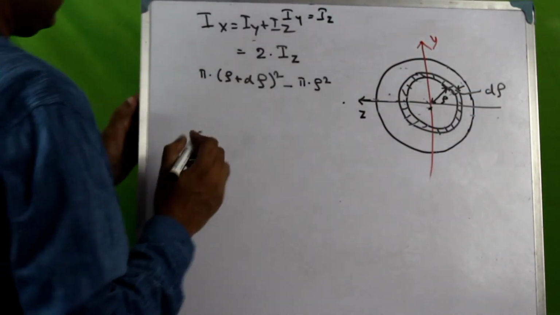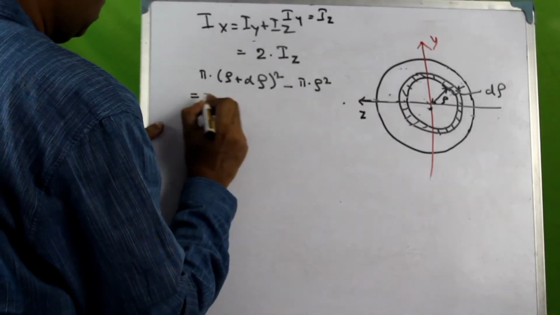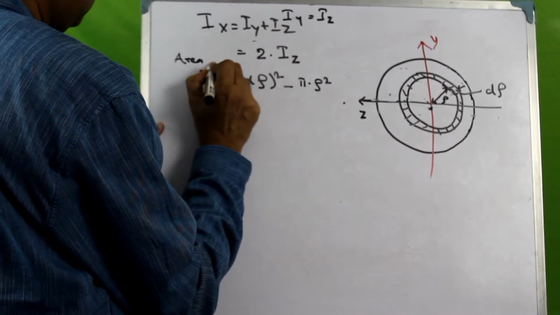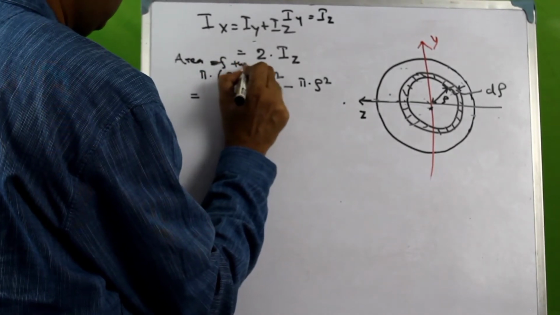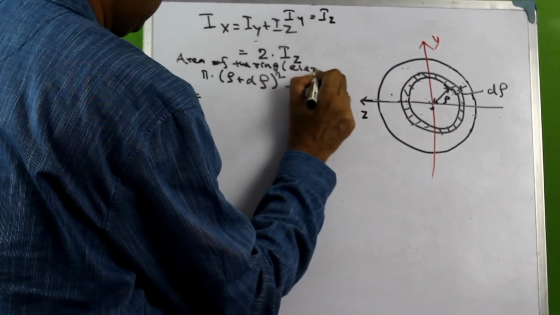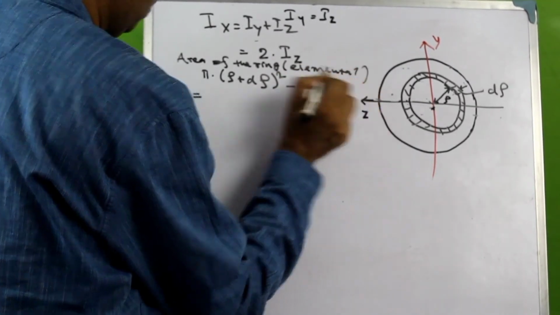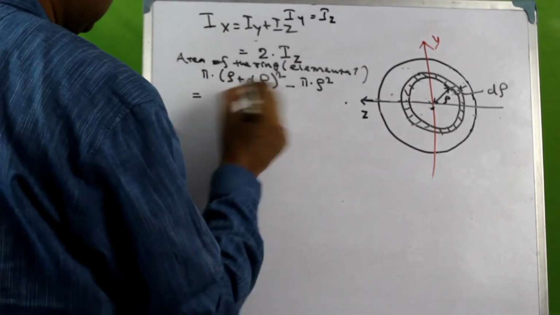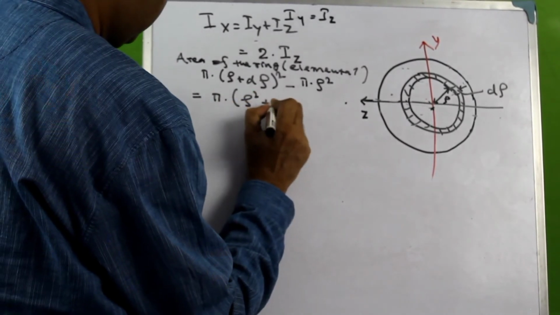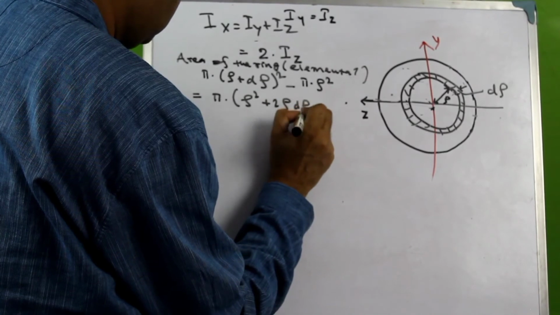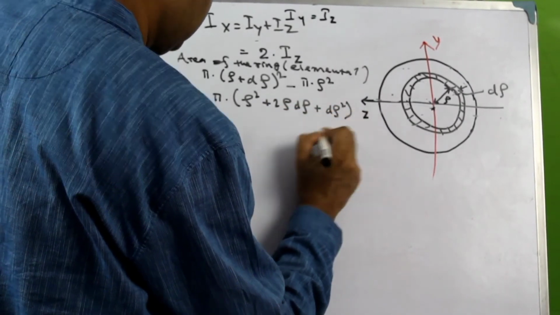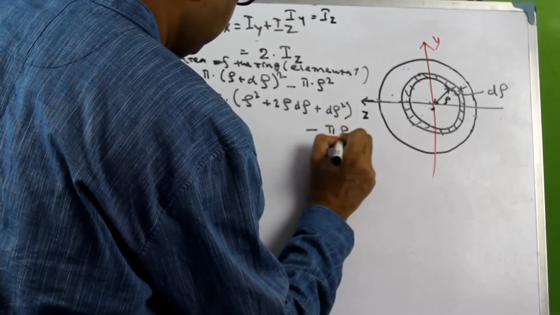Now if we expand this, we would end up with, so this is the area of the elemental ring. So now if we expand this equation, it would be pi of rho square plus 2 rho d rho plus d rho square minus pi rho square.